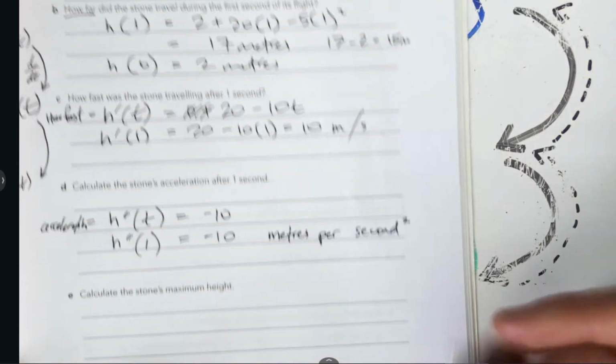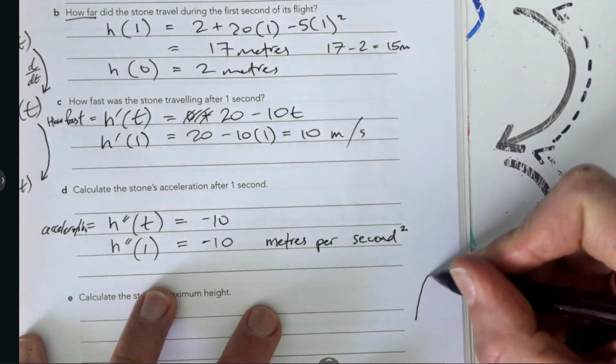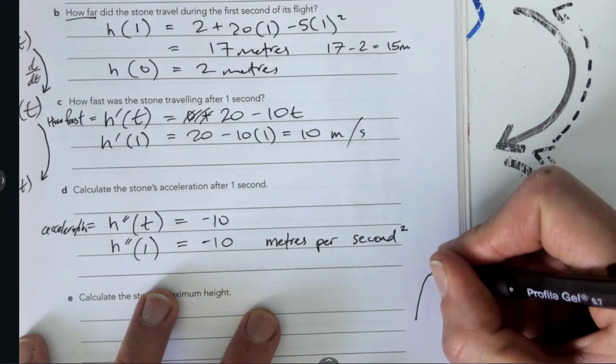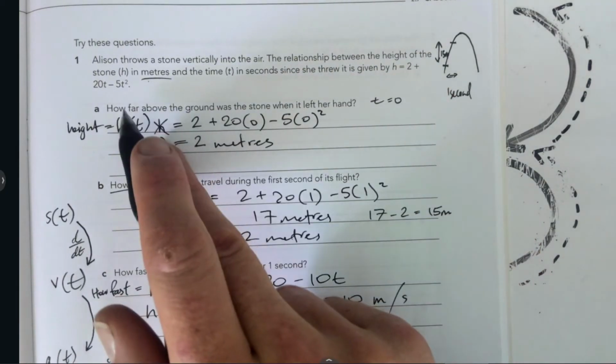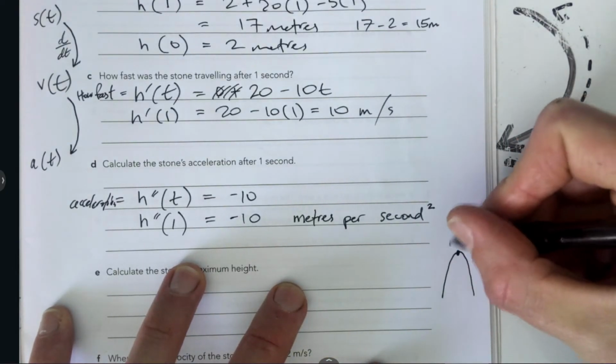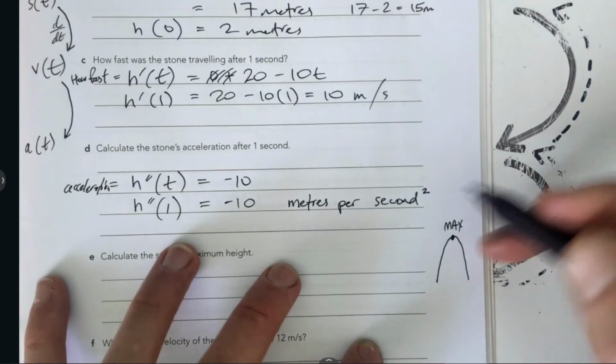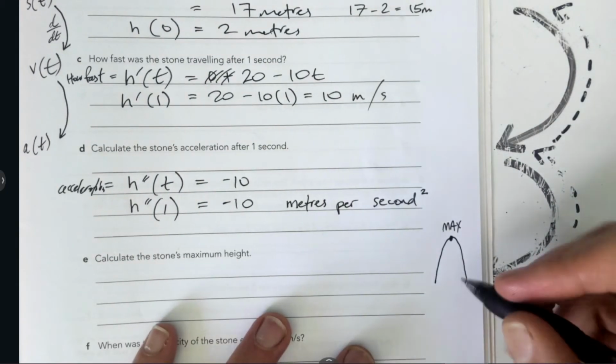Now, we're going to have to go back. We could look at Desmos and totally cheat for that, but nah. Max, we know it's a negative parabola from the initial formula. Height is a negative parabola. So the max is obviously going to be here. How do we find a maximum point? We're going to have to go back to our calculus.